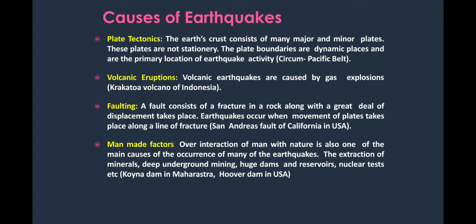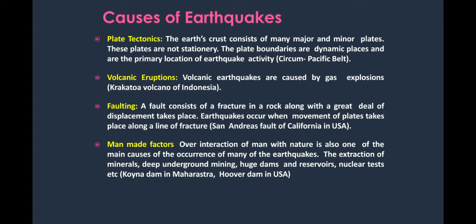Now, plate tectonics. The earth's crust consists of many major and minor plates. Now they will be rotating. These plates are not stationary. The plate boundaries are dynamic places and are the primary location of earthquake activity. So the earth's crust will be rotating slowly, so there will be plates. Any disturbance in that, we get earthquake.